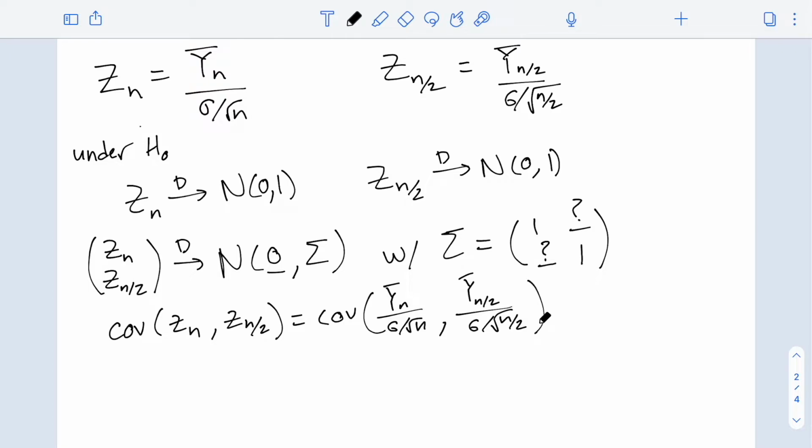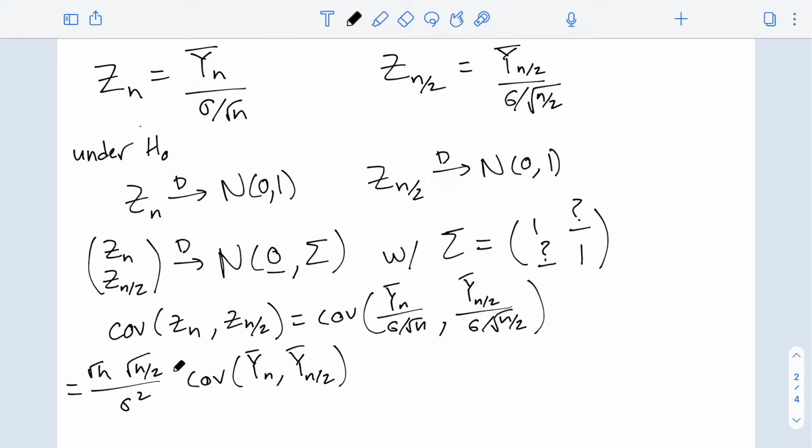Now, the first rule we're going to use is that constants can be factored out of a covariance. So this is going to be square root n times square root n over 2 over sigma squared times the covariance of y bar n with y bar n over 2.